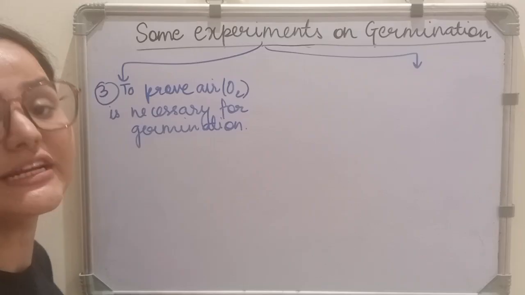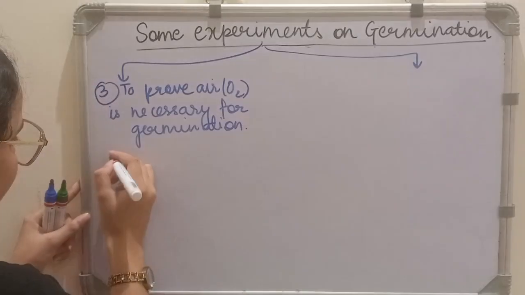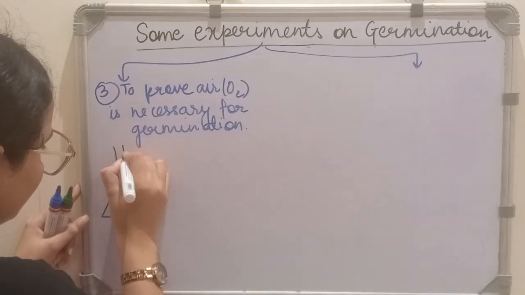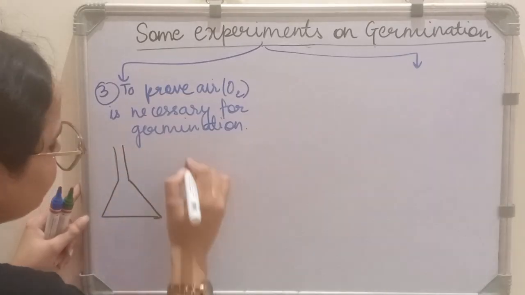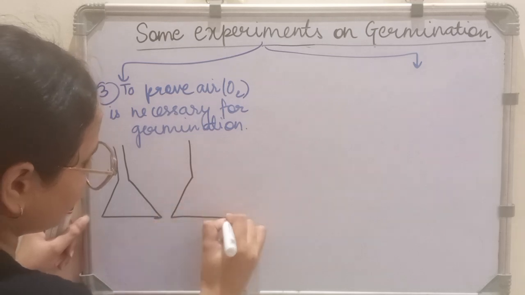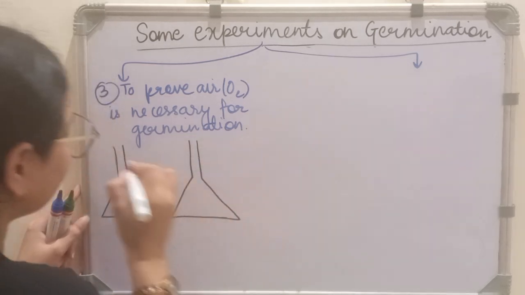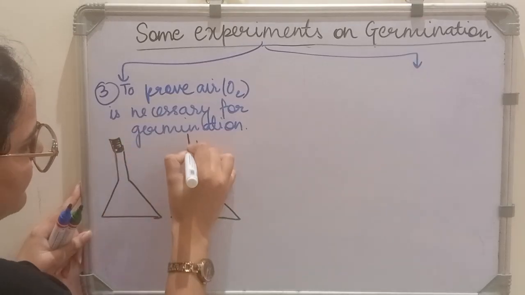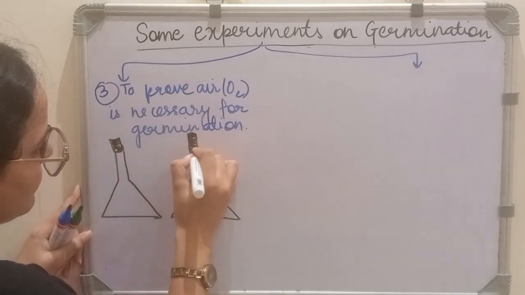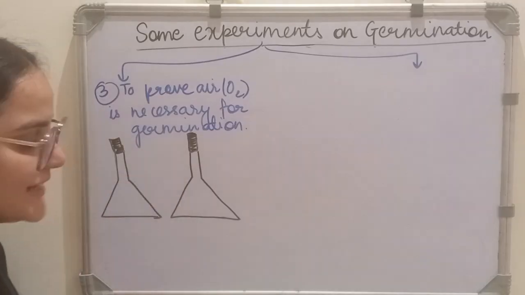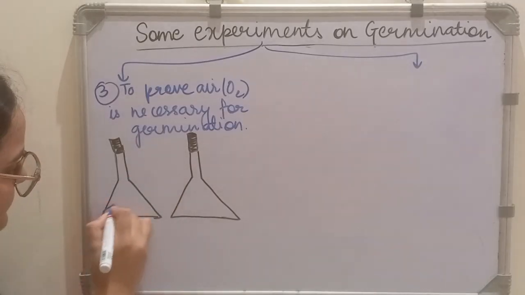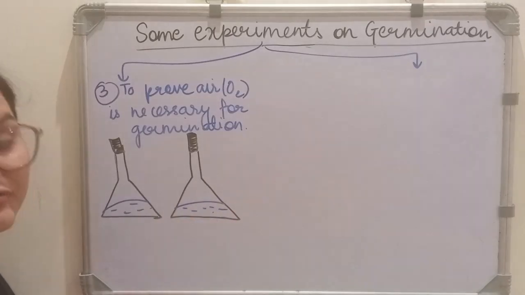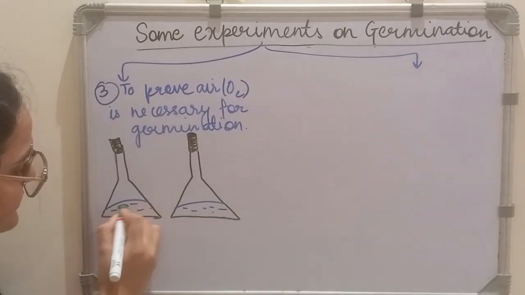In this we are going to take two conical flasks. It is sealed from the top. In both we have taken wet cotton, and we have placed our seedlings.